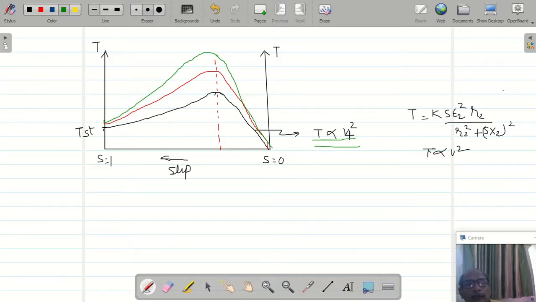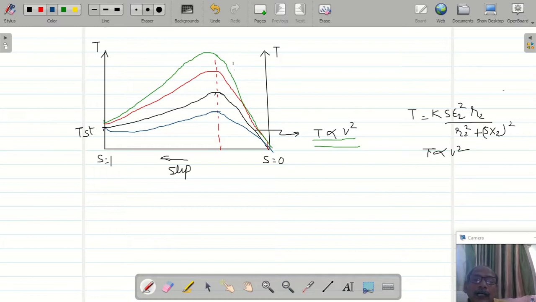If you change the voltage by 10%, torque will change by 21%. If you decrease the voltage, what will happen? If you make it 90%, what will happen? This characteristic, earlier we were getting this, now we will get this. It is like this. So here, clear?